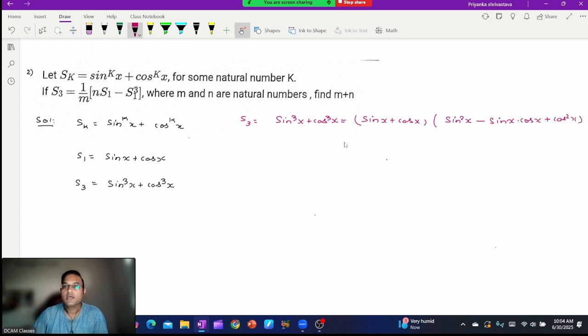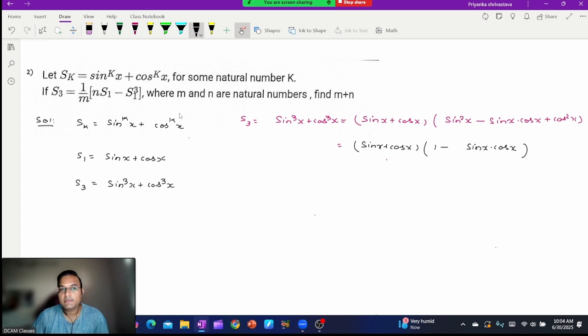Now this will become (sin x plus cos x) into (sin square x plus cos square x is 1). So it will be 1 minus sin x cos x.